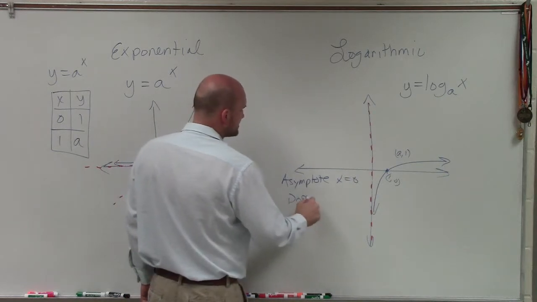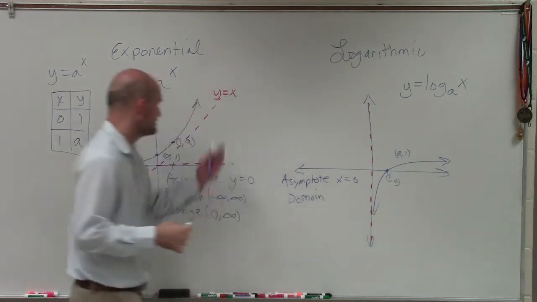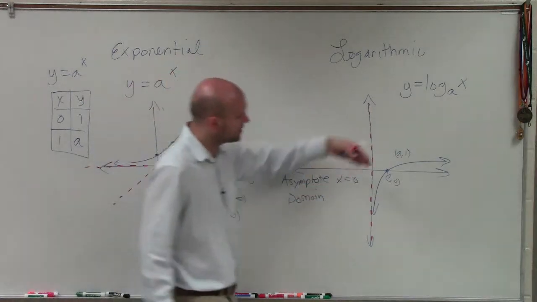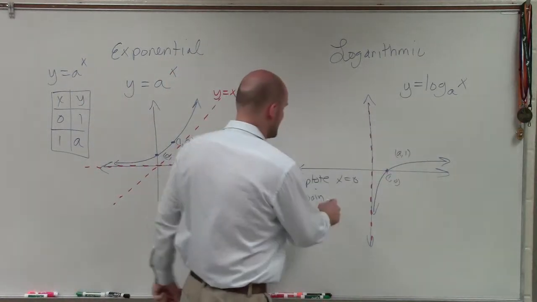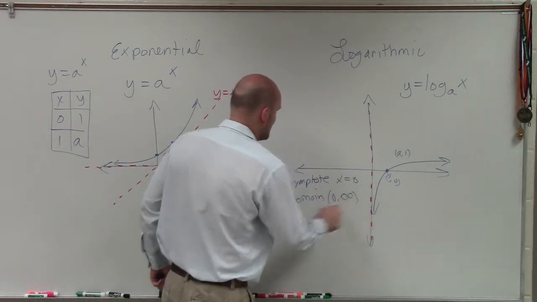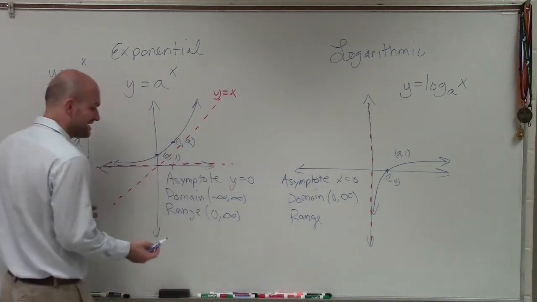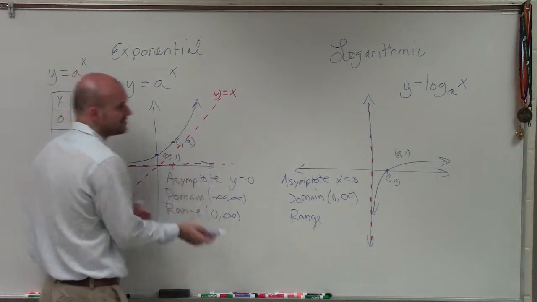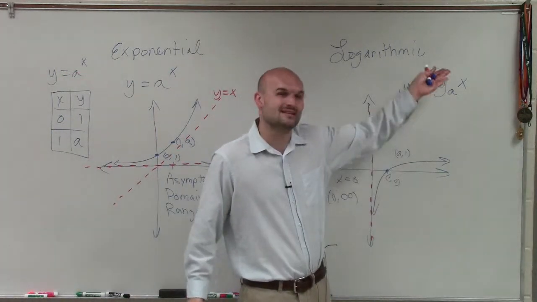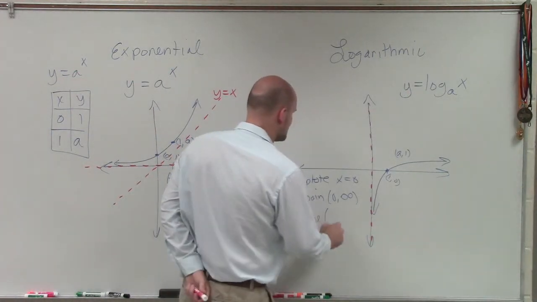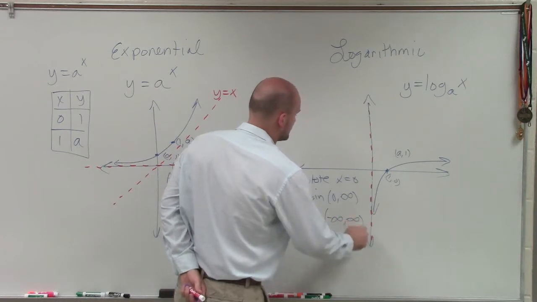The domain is now restricted. It doesn't contain all real values, but only values from 0 to infinity. And the range is now going to contain different values. Instead of 0 to infinity, this graph is going to infinitely increase and infinitely decrease. So my range is from negative infinity to infinity.